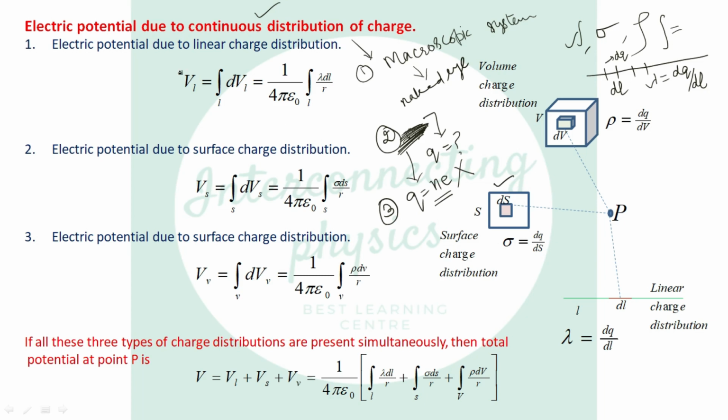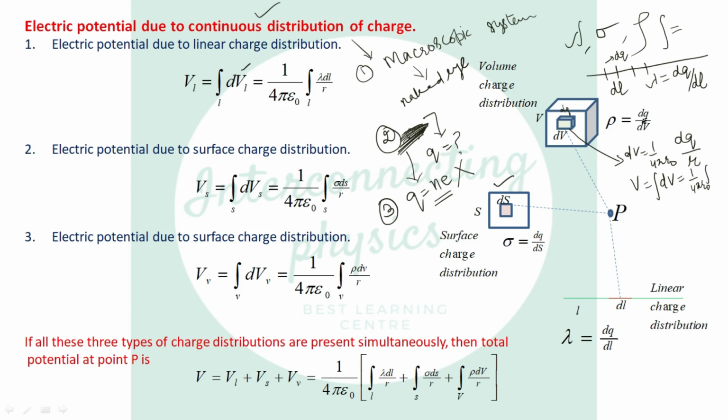So electric potential due to charge distribution is V equal to integration of dV. What is V? It is electric potential, because the small potential here will be dV, which is 1 over 4 pi epsilon naught dq over r, if dq is the charge present over here. Then total potential will be integration of dV, which is 1 over 4 pi epsilon naught integral of dq over r.